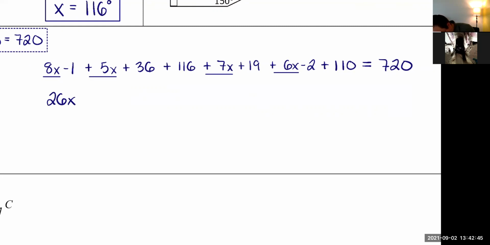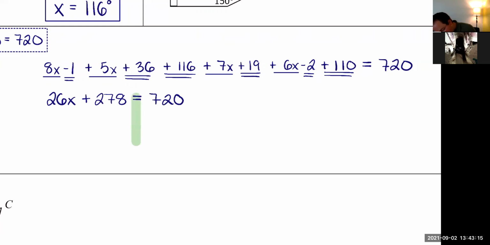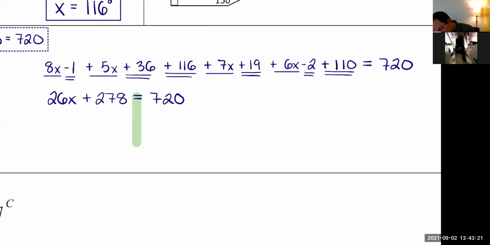And then I have -1, 36, 116, 19, -2, and 110. If I add all those together, I get 278. And that should still equal 720. So it looked really bad at first until I did a little maneuvering there. Now it's just a two-step equation. And subtract 278 from both sides.